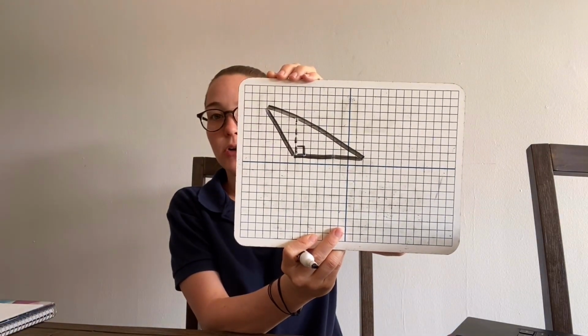And we're going to say, okay, from that spot, it is 1, 2, 3, 4, 5 units tall. And its base is 1, 2, 3, 4, 5, 6, 7, 8, 9 units. So when we solve area equals 1/2 base times height, we're going to rewrite that as 1/2 of 9 times 5.